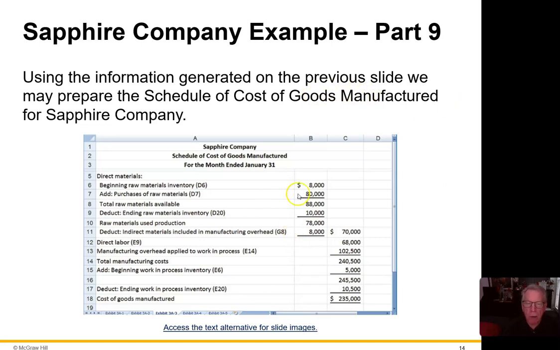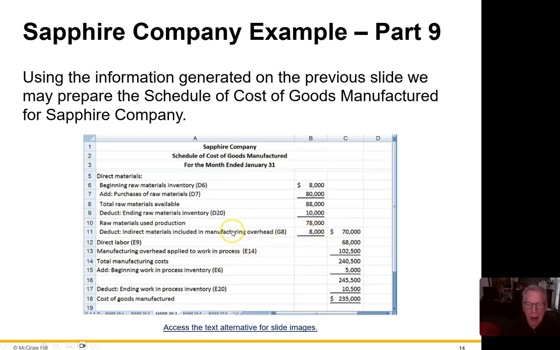So we start out with our beginning raw materials inventory. We add the purchases. That gives us the total raw materials available. We back out our ending raw materials inventory, and that gives us what we transferred into production for use.